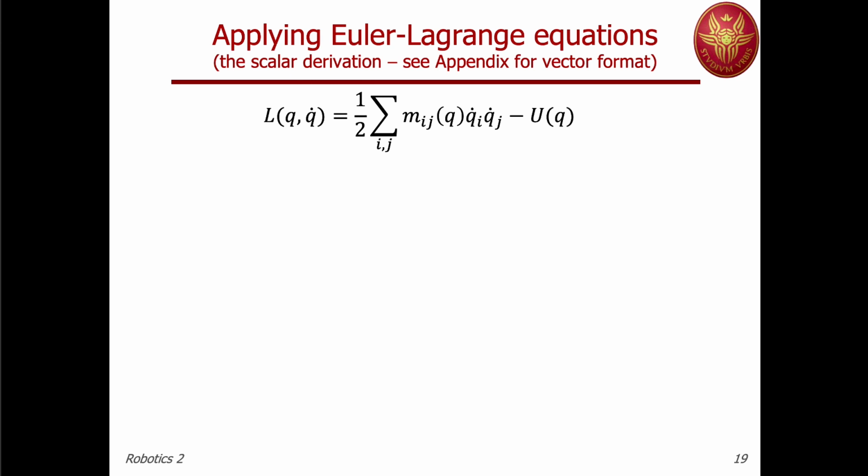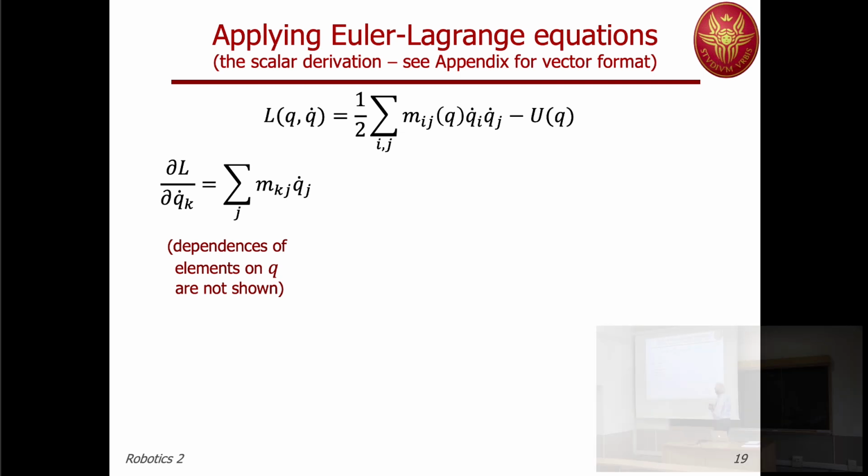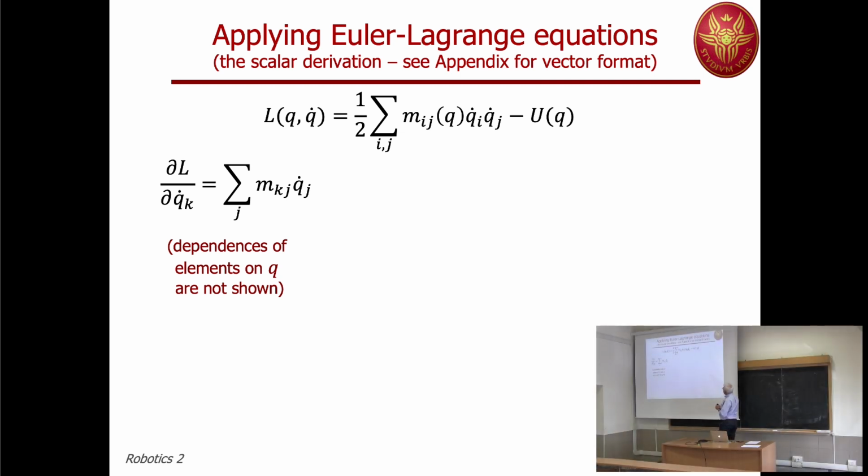So again, the expression of the Lagrangian. And let's do the individual derivation for the generic kth equation, with k going from 1 to n. If you take the derivative with respect to q dot k, in the first summation q dot k appears twice, when i is equal to k and when j is equal to k. So when you consider one of the two, let's say i equal to k, then you will have Mik(q) q dot i times q dot k.